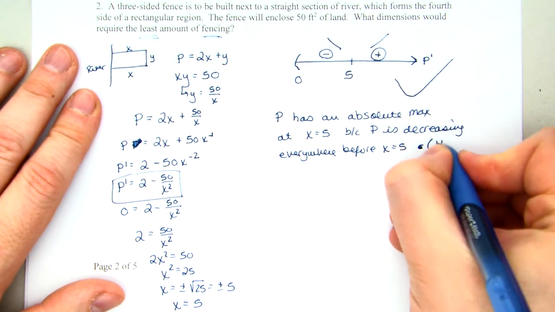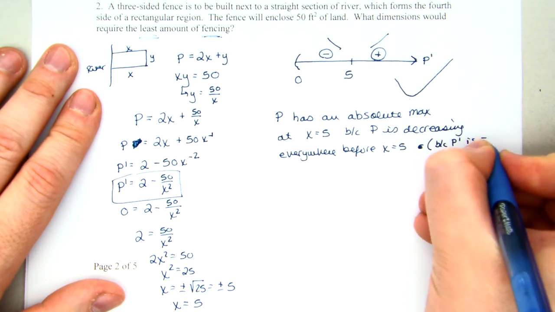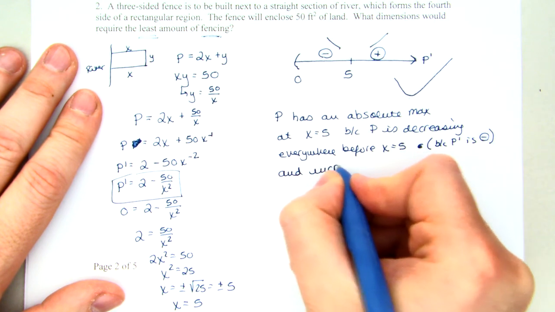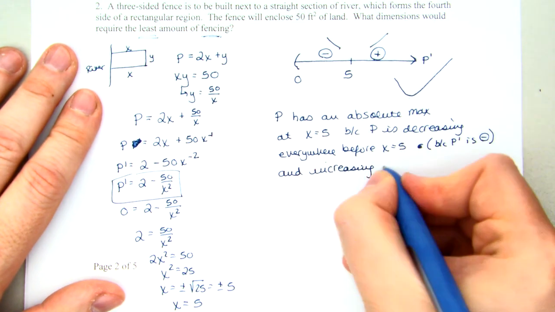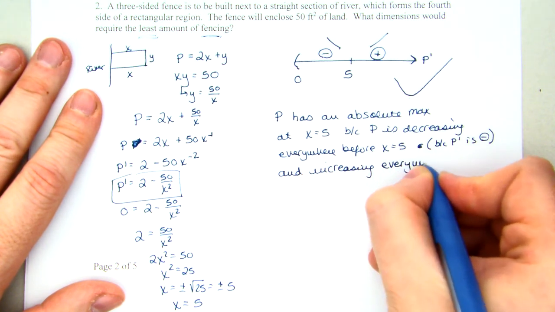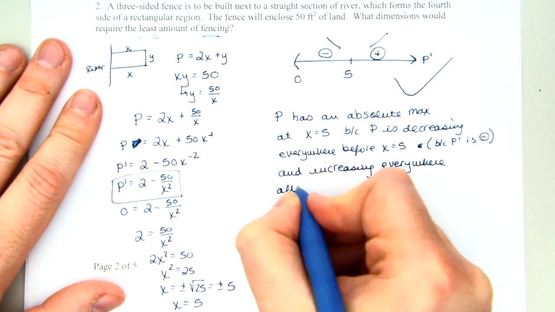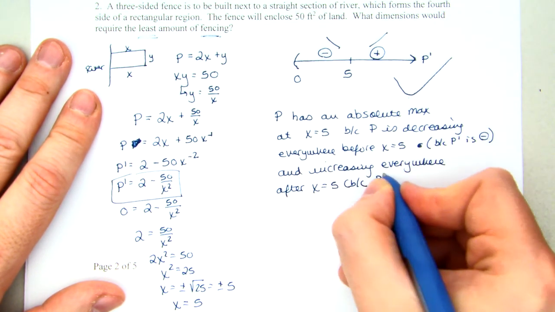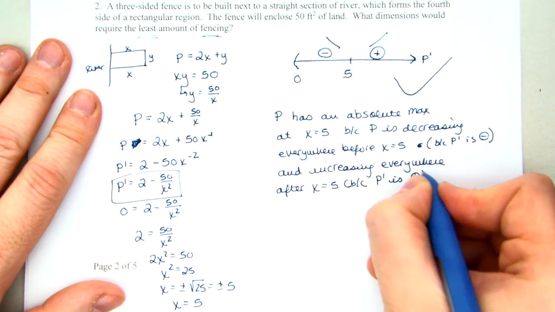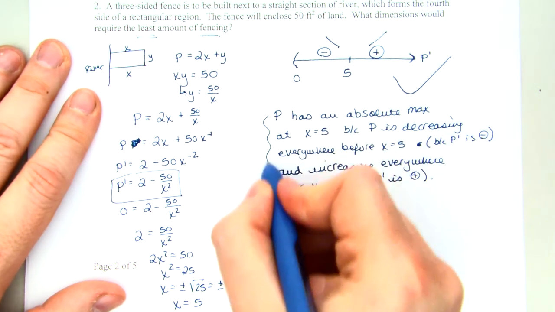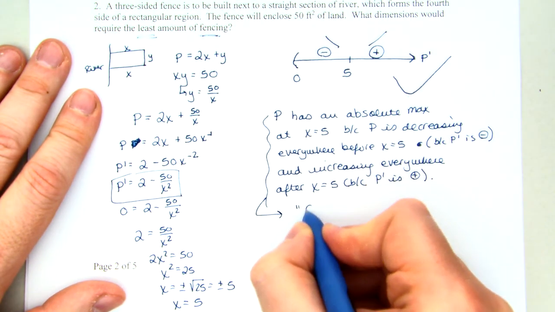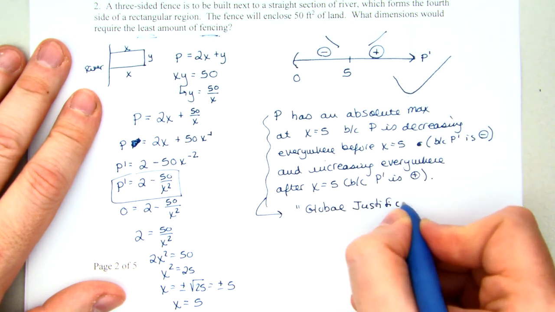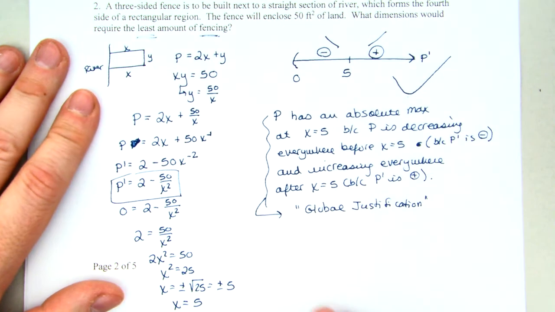Well, it's decreasing because P prime is negative, and increasing everywhere after x equals 5. And how do I know? Because P prime is positive there. This language that I'm using is called our global justification. And this is what I'm going to use to justify an absolute maximum or a minimum when I can't use the candidates test.